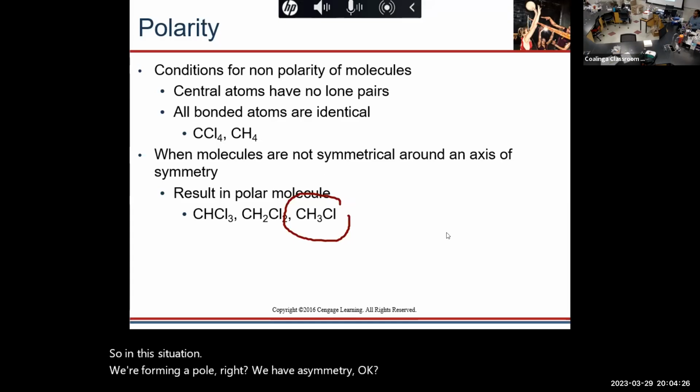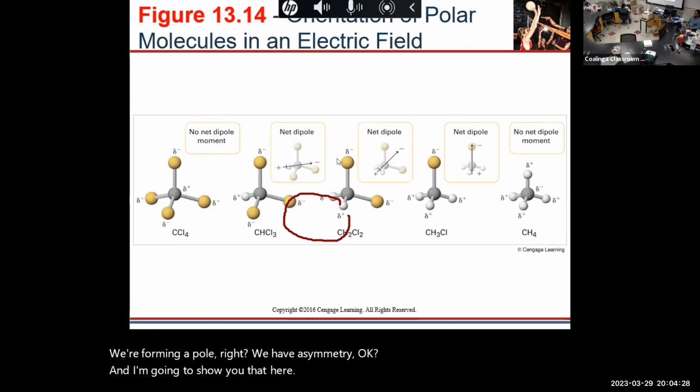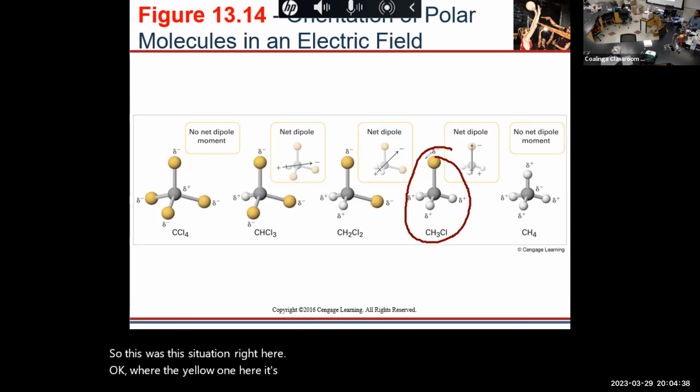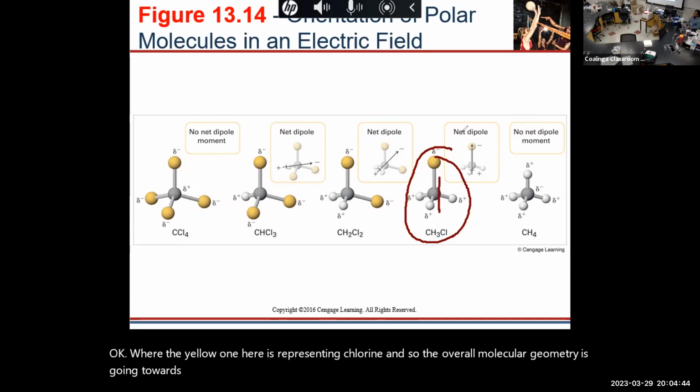I'm going to show you that here. This is this situation right here, where the yellow one represents chlorine, and so the overall molecular geometry is going towards that chlorine. So we form what we call a dipole moment or a net dipole.